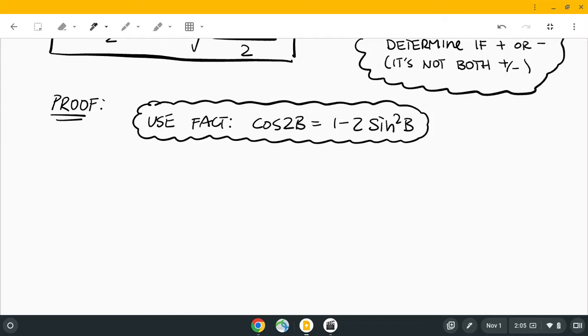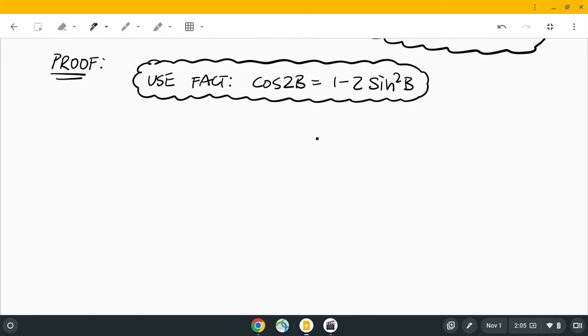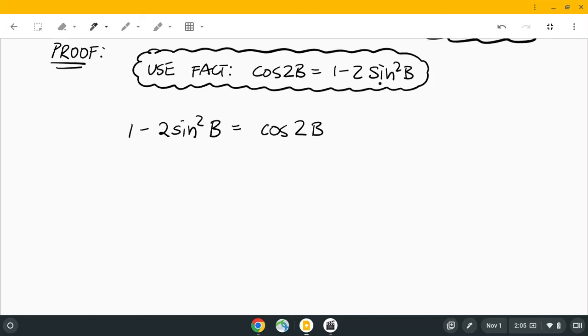So we have 1 minus 2 sine squared b equals cosine 2b, right? That's what it says right up there.